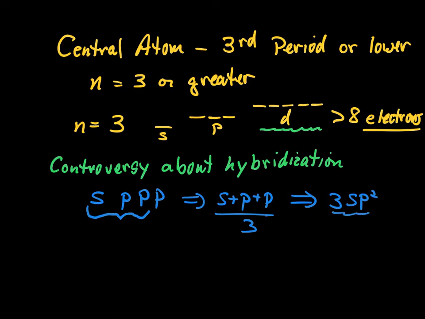And that mathematical trick in quantum mechanics works because that gives a good approximation for the energy of those electrons. That same kind of mathematical combination of the wave functions doesn't seem to work with d orbitals.